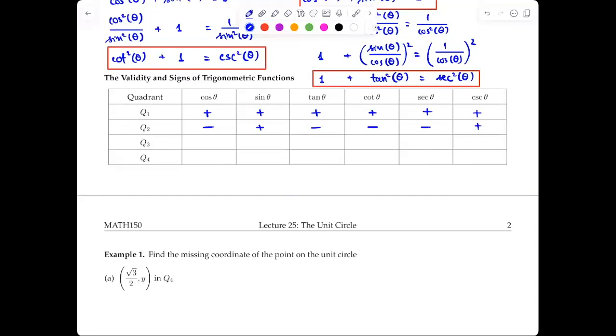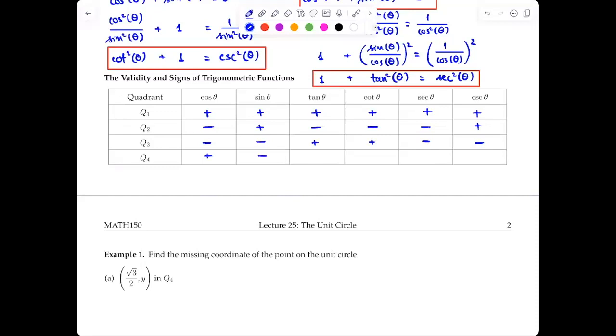Now for the third quadrant, both sine and cosine are negative. Because they're both negative, tangent should be positive. Cotangent should be positive, so negative over negative becomes positive. And secant is 1 over cosine, so this is negative, and this is negative as well. In quadrant 4, you have positive for cosine.